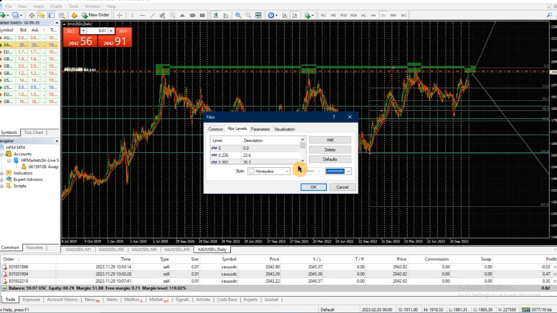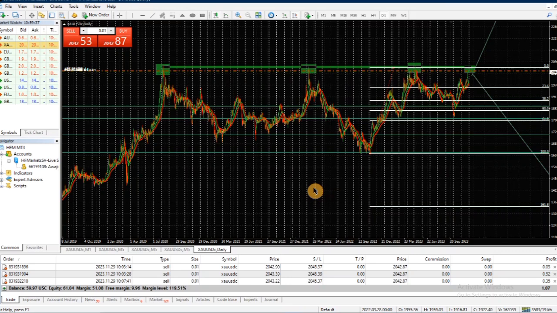So here are the key levels on Fibonacci retracement. When it gets to this point, it is expected that it will fall back to level 50. Now level 50 is the golden zone, as most traders describe it.